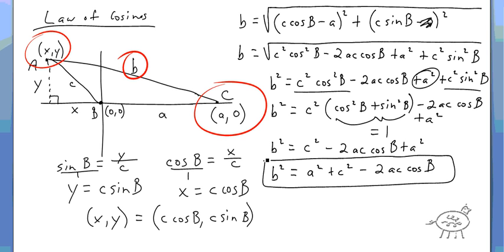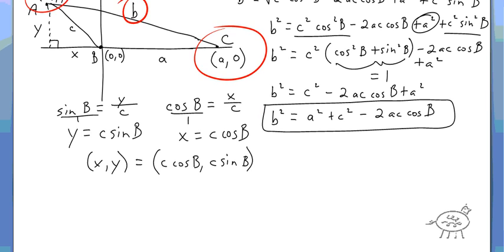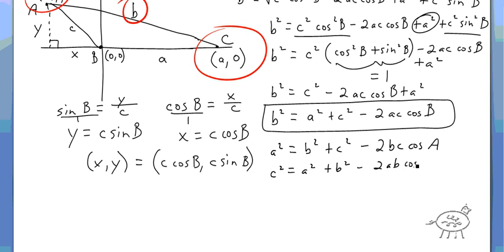I could have drawn my picture a couple different ways, so I can write it a couple different ways. I can write it as a squared equals b squared plus c squared minus 2bc cosine of a. Or I can write it as c squared equals a squared plus b squared minus 2ab cosine of c. So any one of these is good.